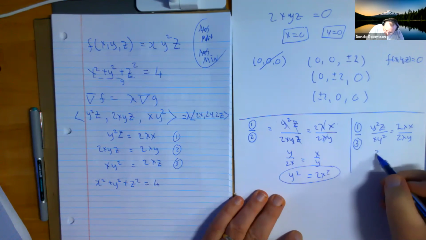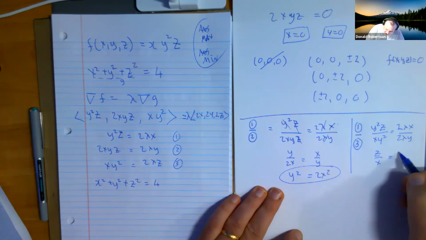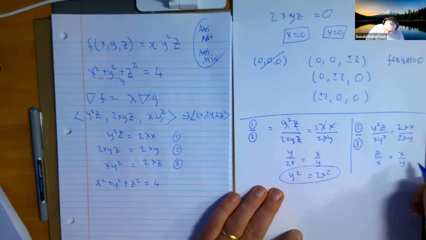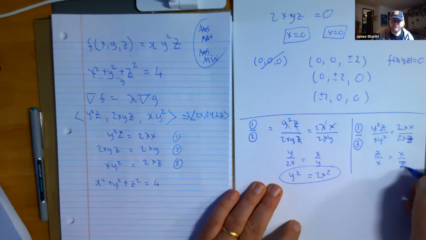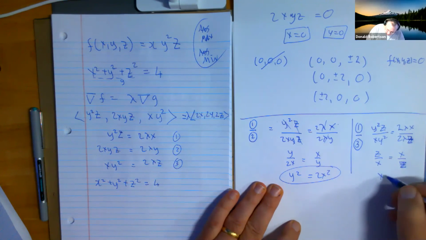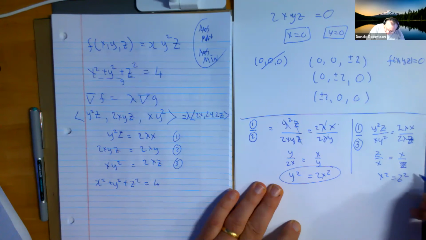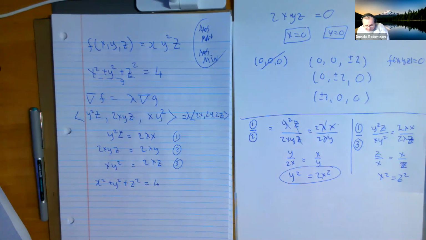The y squareds cancel on the left, and the lambdas cancel on the right. And that gets me what? x squared equals z squared. Agreed?